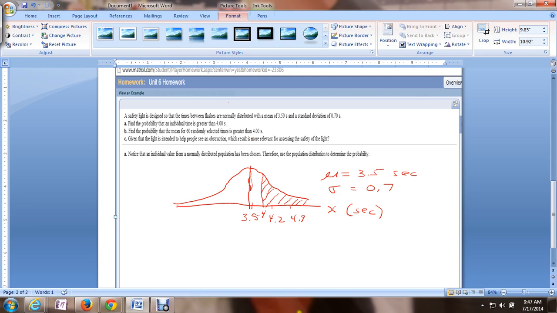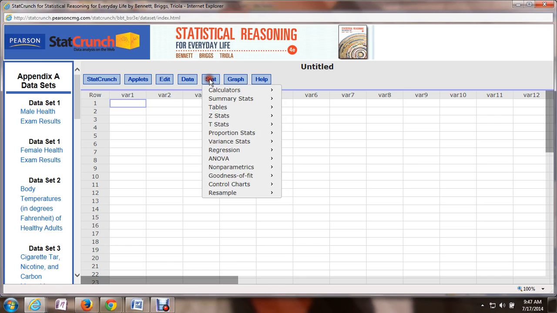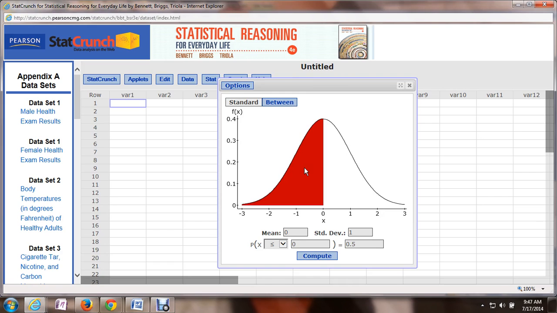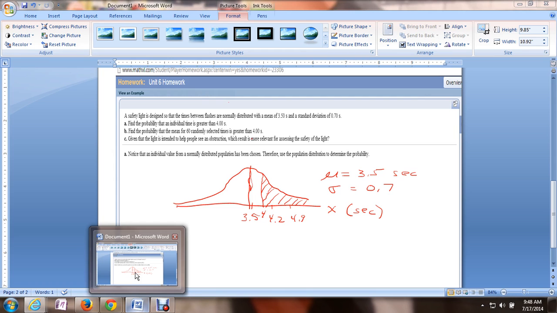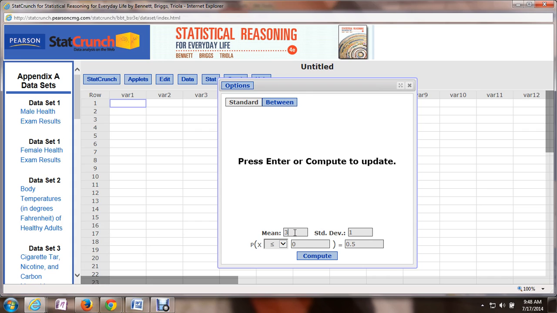So I'm going to go to StatCrunch, go to Stat, Calculators, and Normal, and it's going to give us this normal curve. It wants to know the mean and the standard deviation, and from our problem, the mean is 3.5, so we put 3.5 in here. The standard deviation is 0.7, so we put 0.7 in there.